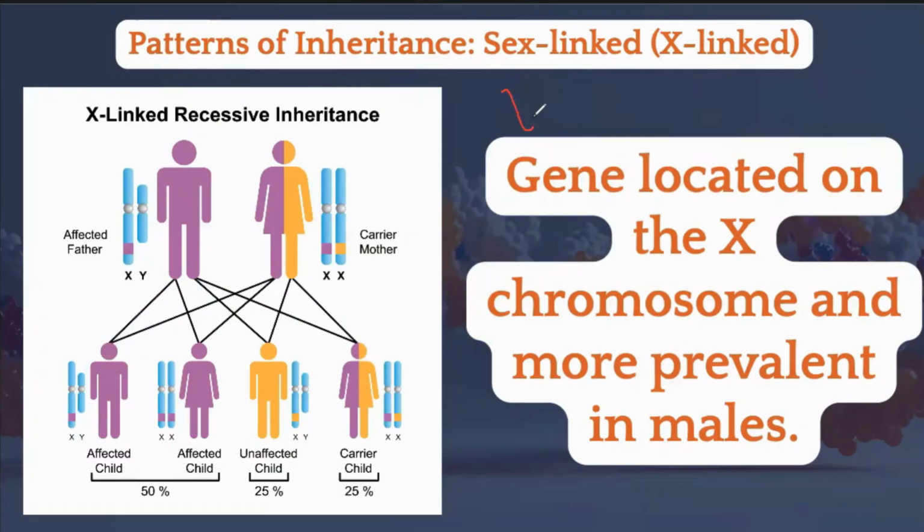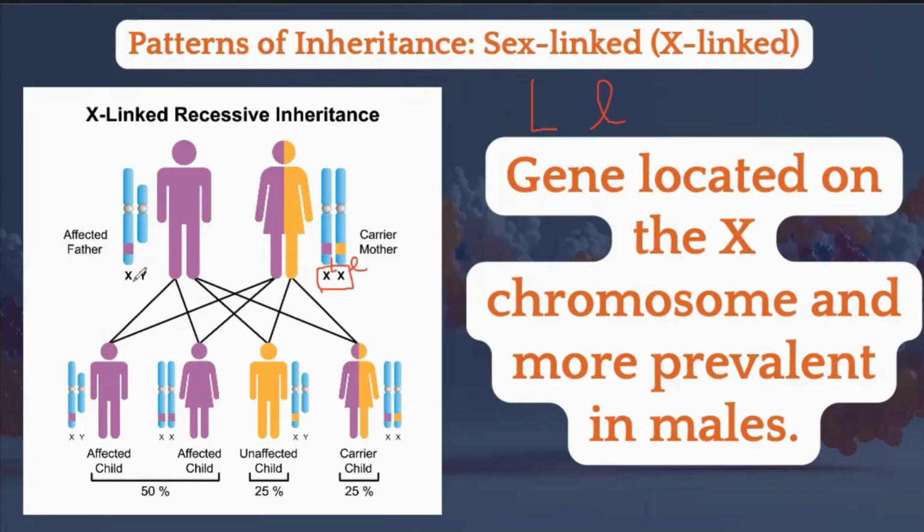And for example, if you have a disease that is recessive, let's say we have designated big L and little l, but we know that it's sex-linked and it's on the X chromosome. So for example, let's say that we have a carrier mother. They have two X chromosomes. So if they're a carrier for the illness, that probably means that they have big L, little l, but it's attached to the X chromosome.